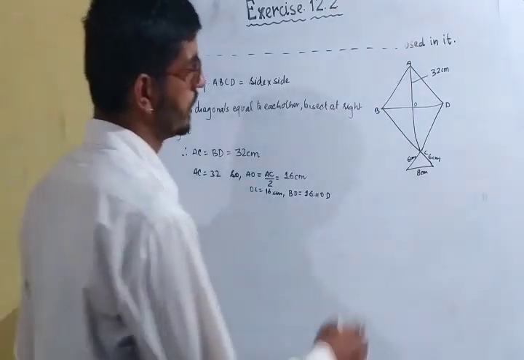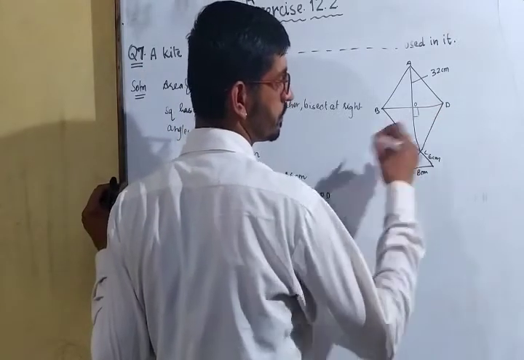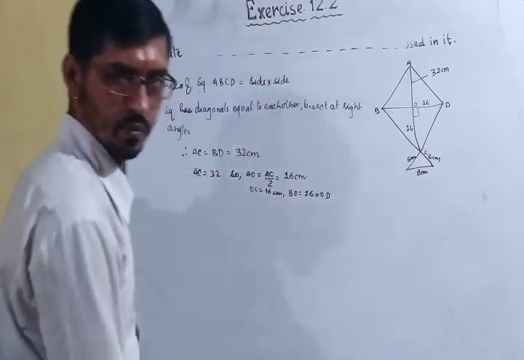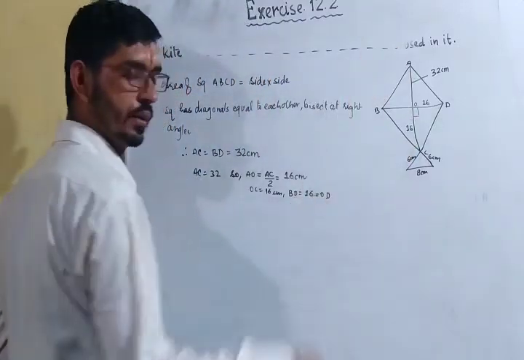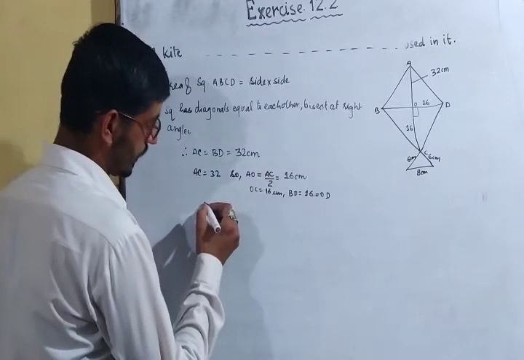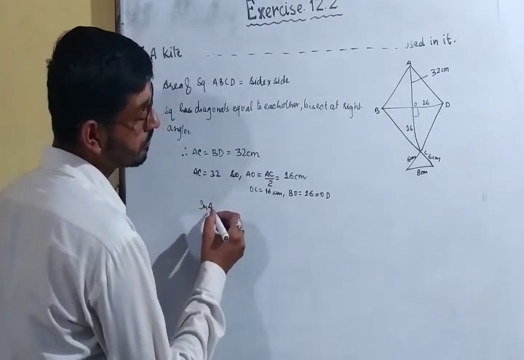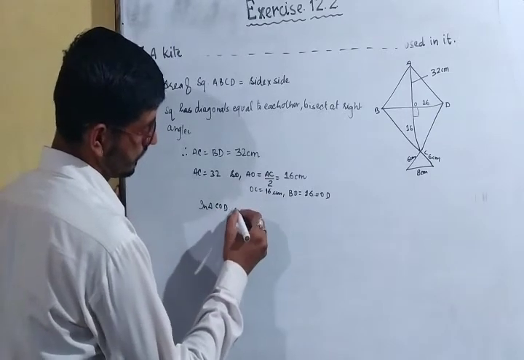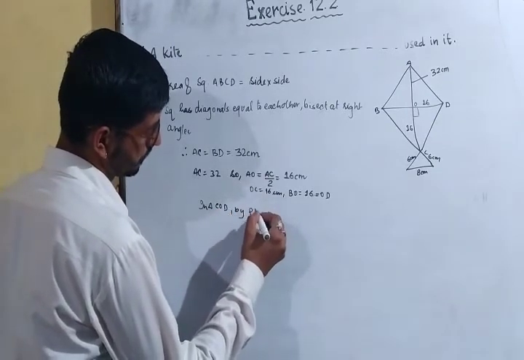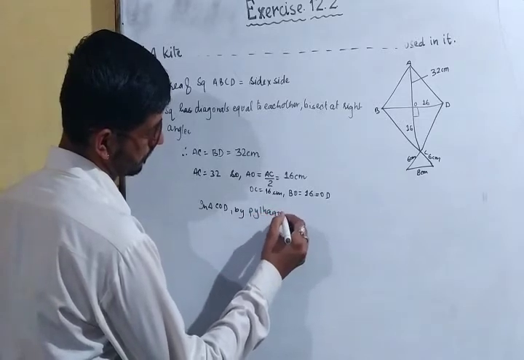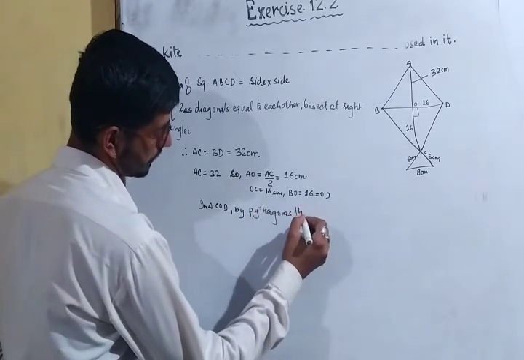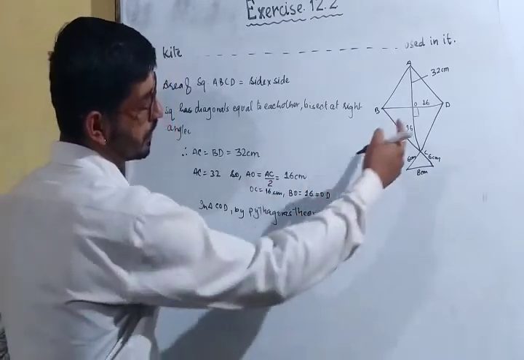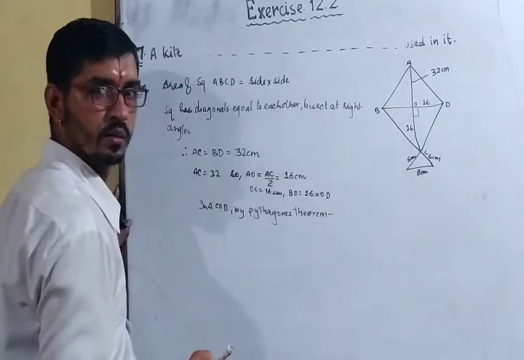Now we can apply Pythagoras theorem here. We know that it is 16 centimeter, it is also 16 centimeter. Okay, and it is an angle of 90 degree. So by Pythagoras theorem in triangle COD, what we can say, CD is hypotenuse.